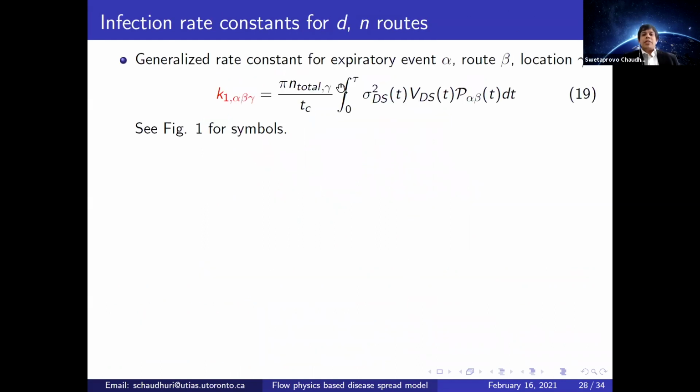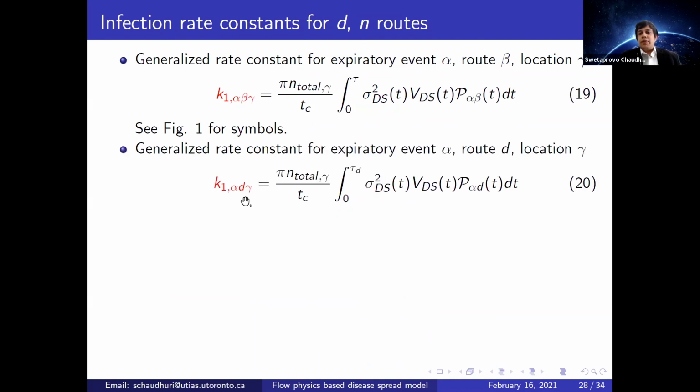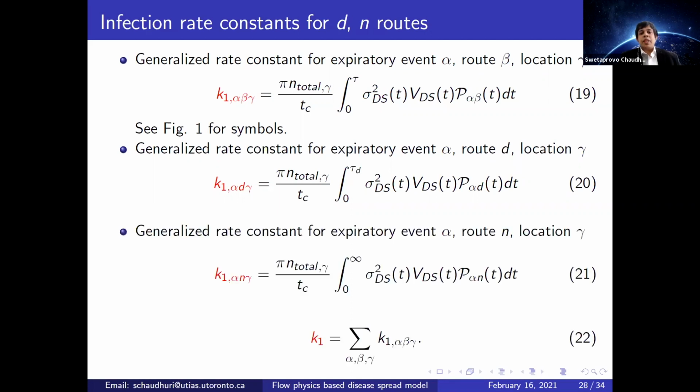Then we can generalize the rate constant by averaging over the instantaneous time. This is basically the average of that, and we can find the corresponding rate constant for the droplet. This is K1 alpha D gamma. For gamma we can include a location parameter also. For droplets, we only need to integrate between 0 to tau_D, where tau_D is the maximum evaporation time. Whereas we can find the rate constant for the nuclei.